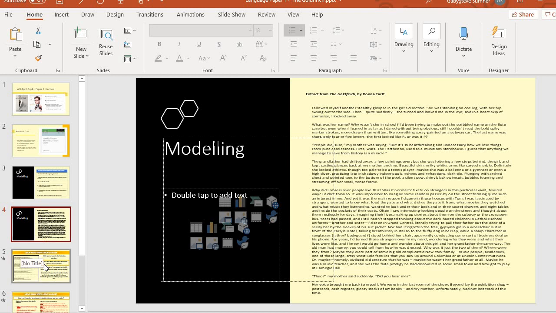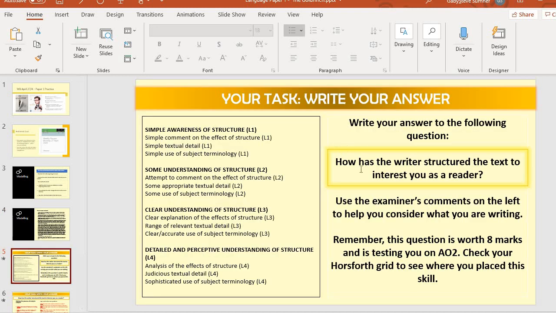So, coming back to this, here's your question for question 3. How has the writer structured the text to interest you as a reader? Use the examiner's comments on the left to help you consider what you're writing. So, just a reminder, this is at the bottom end of an answer. Remember, there's this structure, level 1 to level 4.